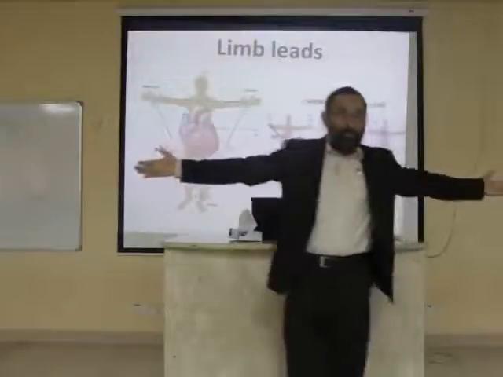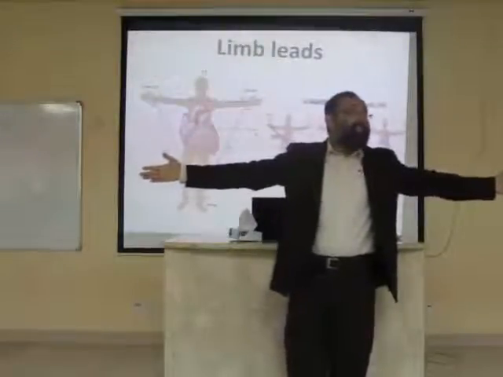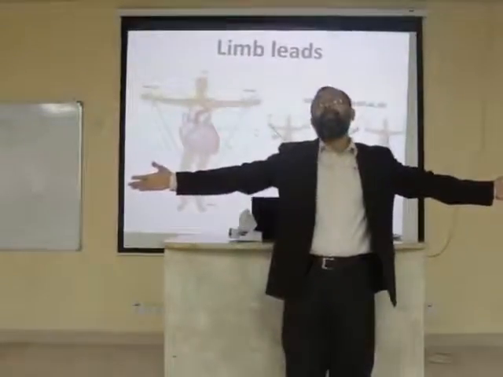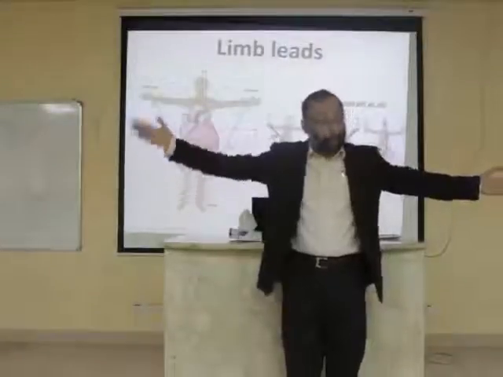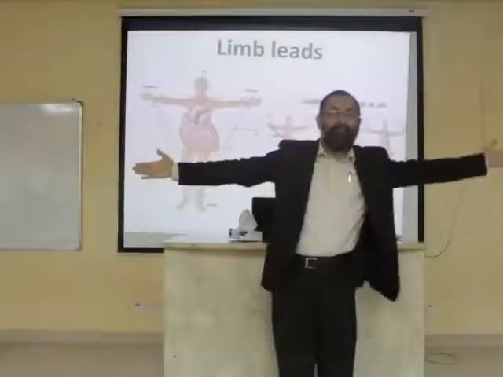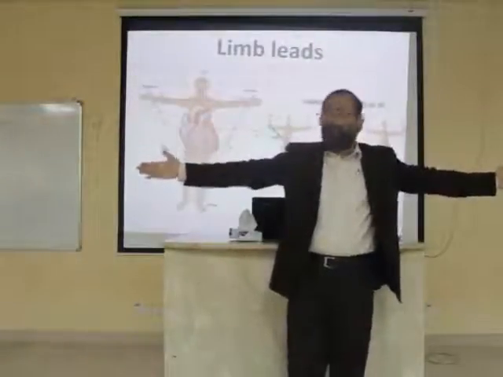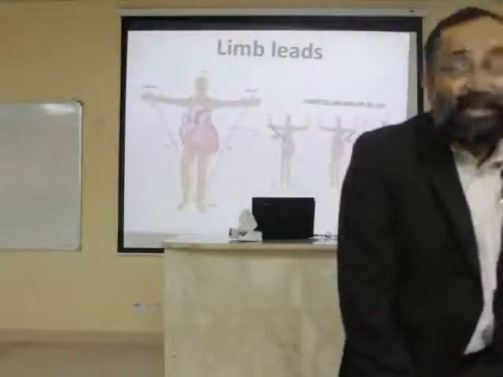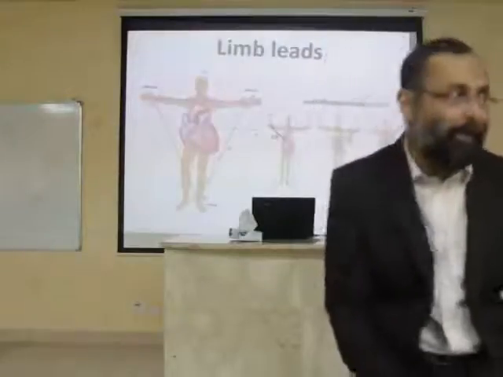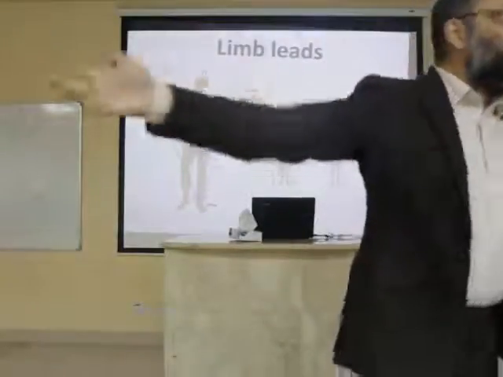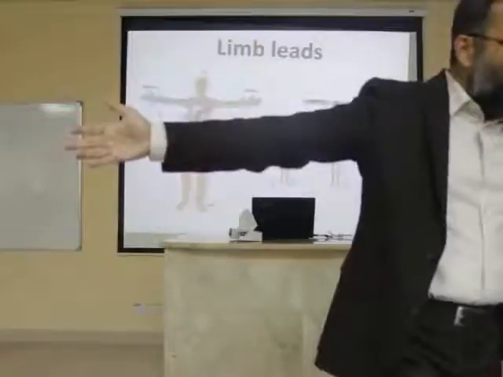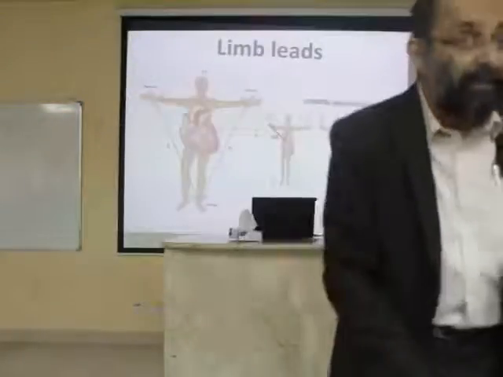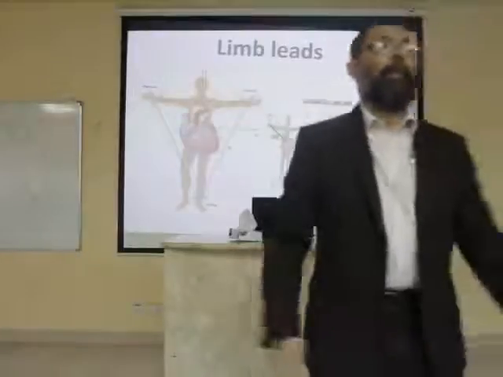Where will you place the negative electrode attachment? Right is negative. If the system is right negative and left positive, this circuit is known as lead 1 in the machine. So lead 1 is between the two arms. Right is negative, left is positive. Do you see that?